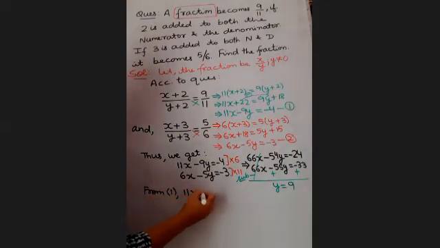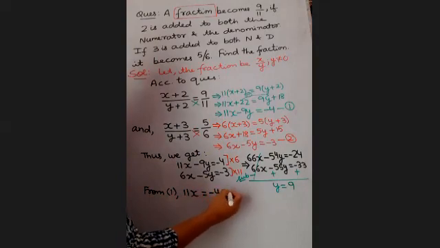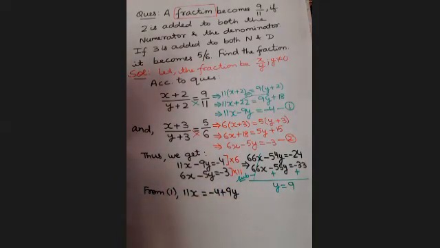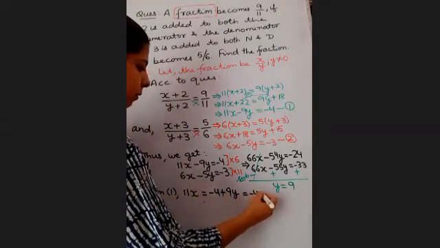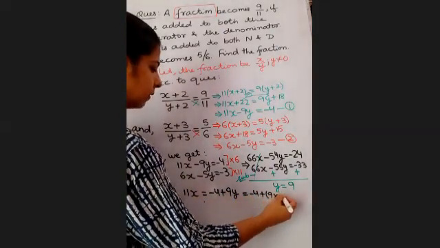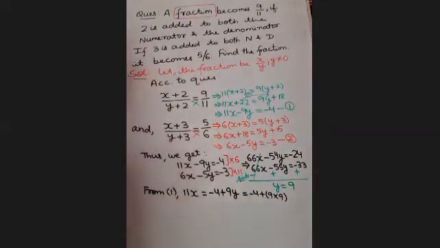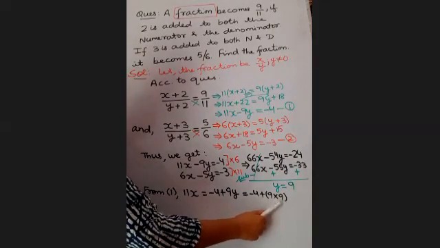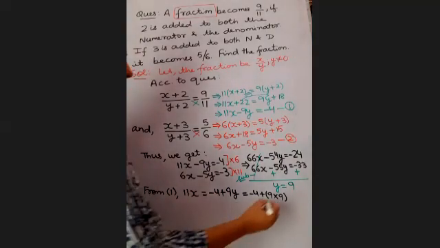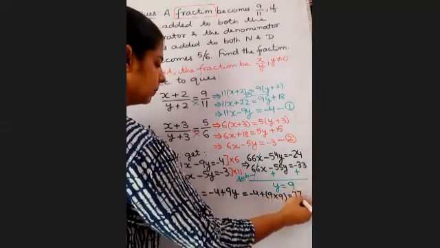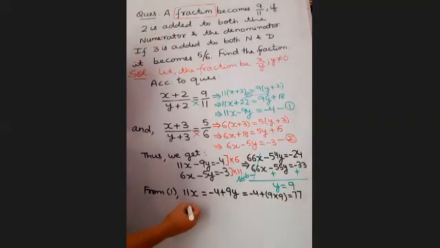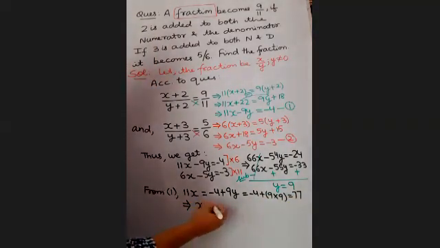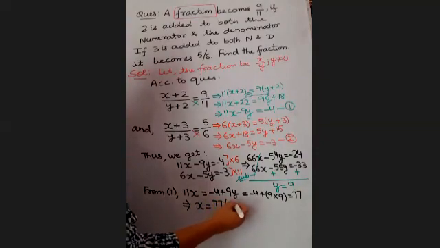From 1, 11x is equal to minus 4 plus 9y, is equal to minus 4 plus 9 into 9. Now 9 into 9, 81. 81 minus 4, 77. x equal to 7.